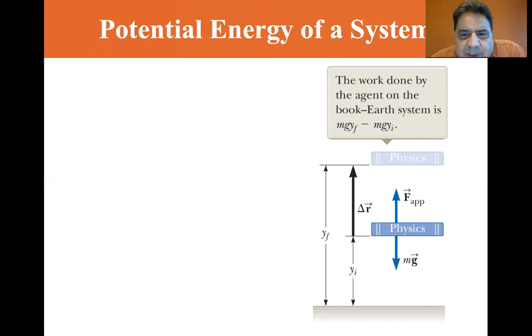Well, what is mg? mg is the gravitational force, and y is just the distance. So it's a force times distance. You're doing work. If you're raising the physics book up from y initial to y final, you've done work, and the amount of work that you've done is mg y final minus mg y initial.